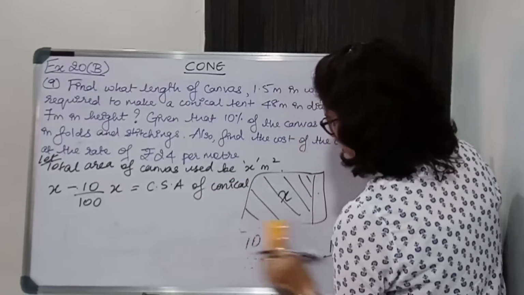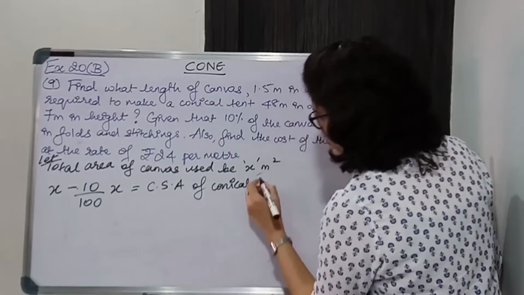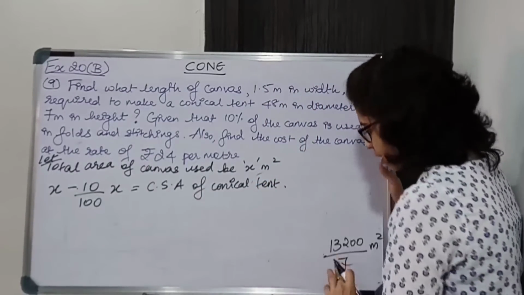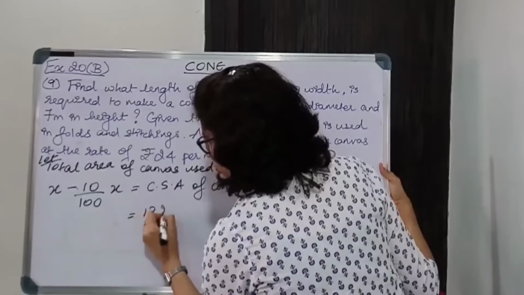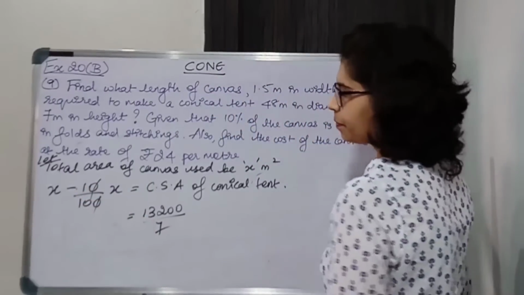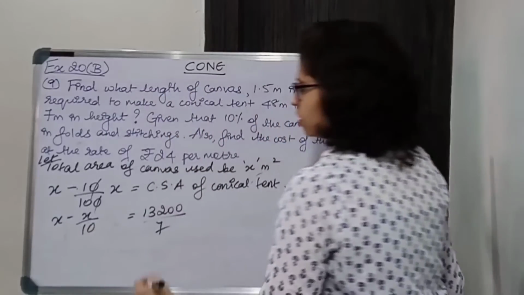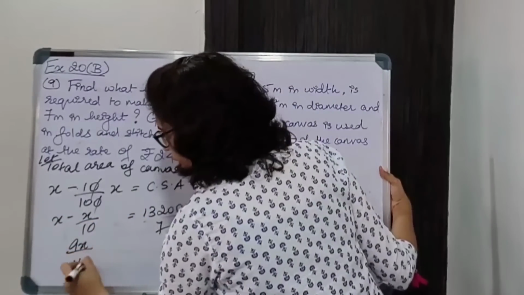Okay, curved surface area of conical tent is 13200/7. So that is 13200/7. We'll solve this. So this becomes x minus x/10. So 10x minus x, that will give me 9x/10.